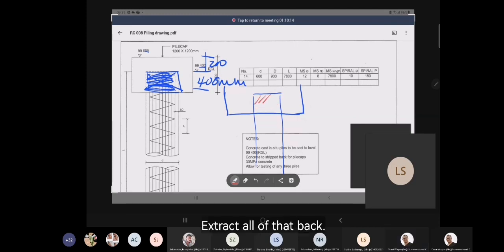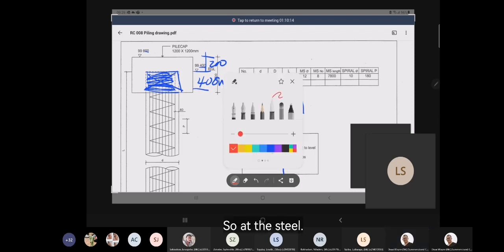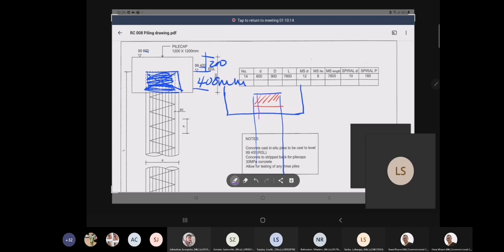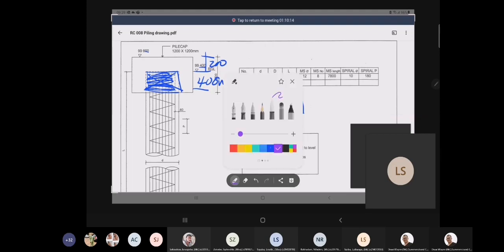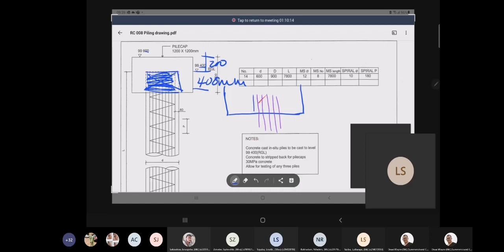We strip all of that back so that the steel would therefore be exposed, that steel over there could be joined in with the new cage.